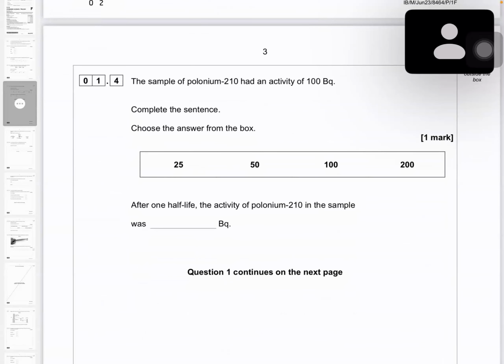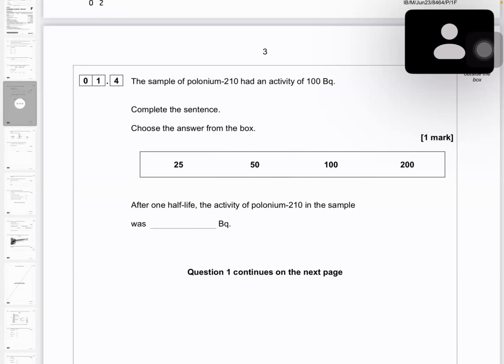All right. It says the sample of polonium 210 had an activity of 100 Bq. Not too sure about that unit, but let's see what it says. It says complete the sentence. Choose the answer from the box. After one half-life, the activity of polonium 210 in the sample was, okay, so half-life.